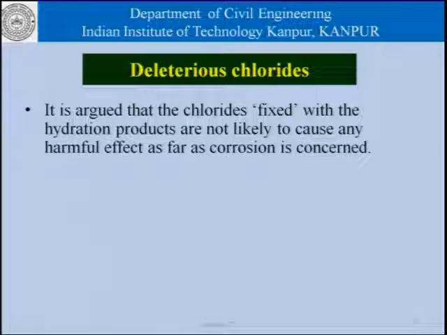The argument is as follows: if we have a surface like this and a reinforcing bar here, chlorides which are fixed in a location something like here, which is not very close to the reinforcing bar, so long as they are fixed in the hydration products, have no bearing on whether the bar will corrode or not.